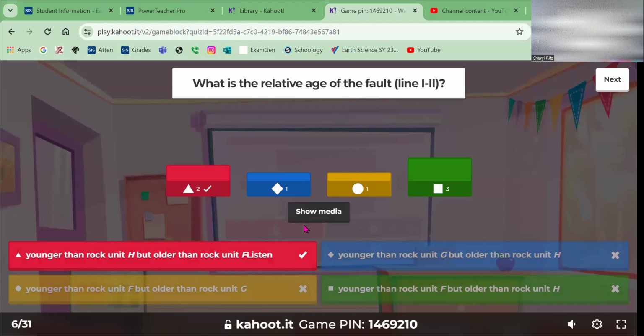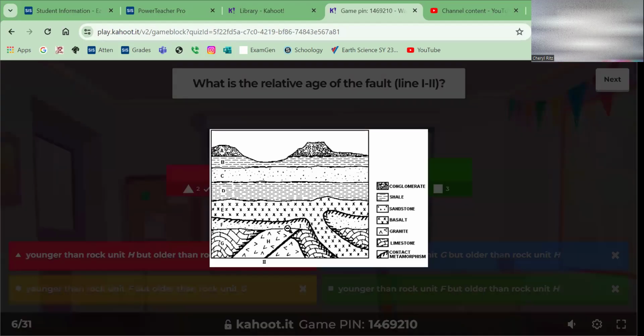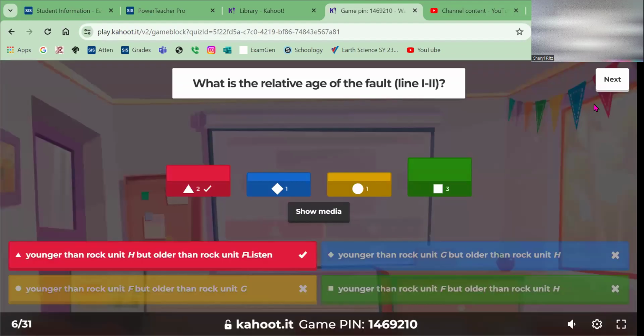Younger than G, it is older than all of those. So the fault is younger than H, but it's older than G because it didn't break G. It didn't break F. And I think the other one, I don't remember what the other one is. It might have been E. It didn't break those. So it's older than everything else except for the one it broke.